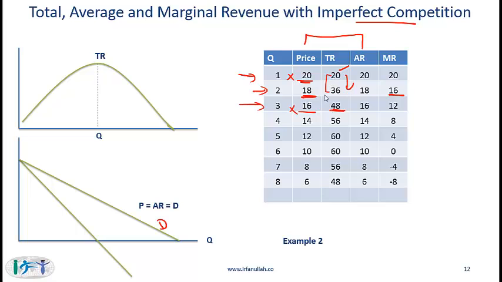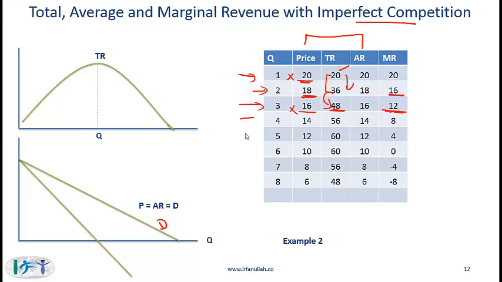This change is 16. That's where the marginal revenue of 16 is coming from. So where is 12 coming from? This 12 is coming from 48 minus 36. When you sell the third unit, the incremental revenue from 36 to 48 is 12. So that is your marginal revenue.